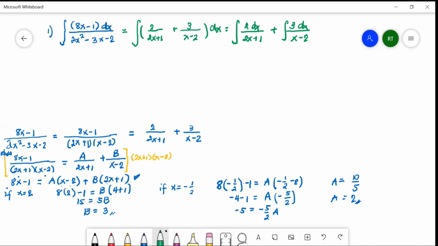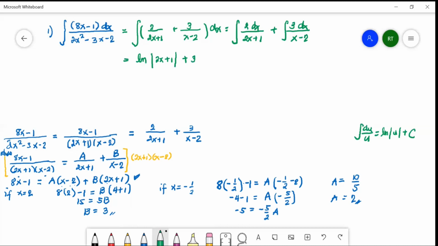Hence, we can use the formula that the integral of the differential of u over u, when the numerator is the exact differential of the denominator, leads to the natural logarithm of the denominator, right? Therefore, the integral of 2 dx over 2x plus 1 is the natural logarithm of the denominator 2x plus 1, okay?